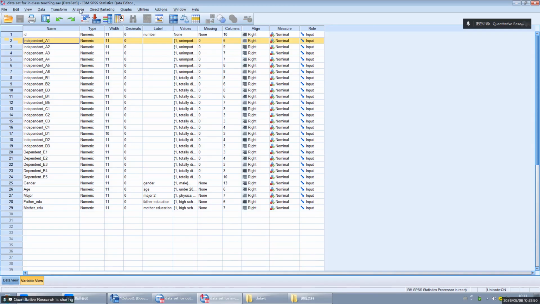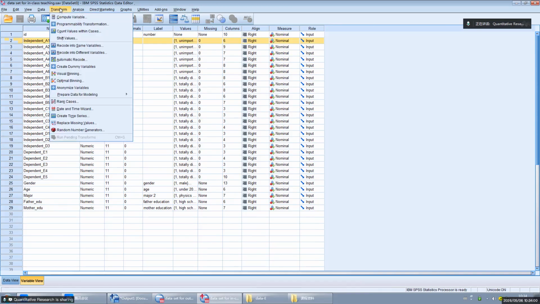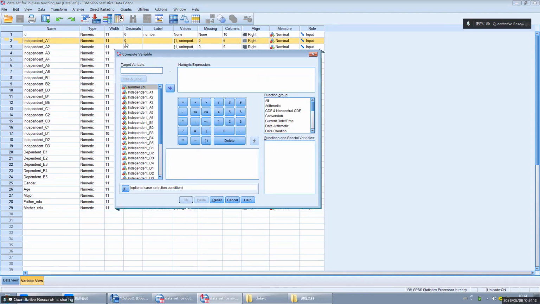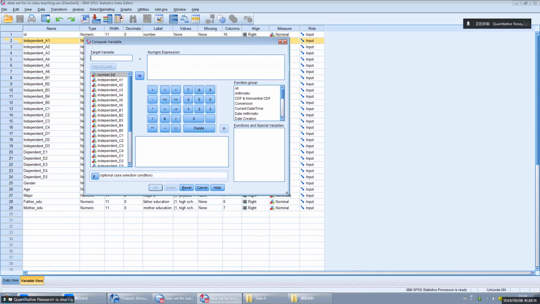Okay. So now I will show you how to compute the mean scores. Maybe you can follow me. Transform, then Compute. You open it.